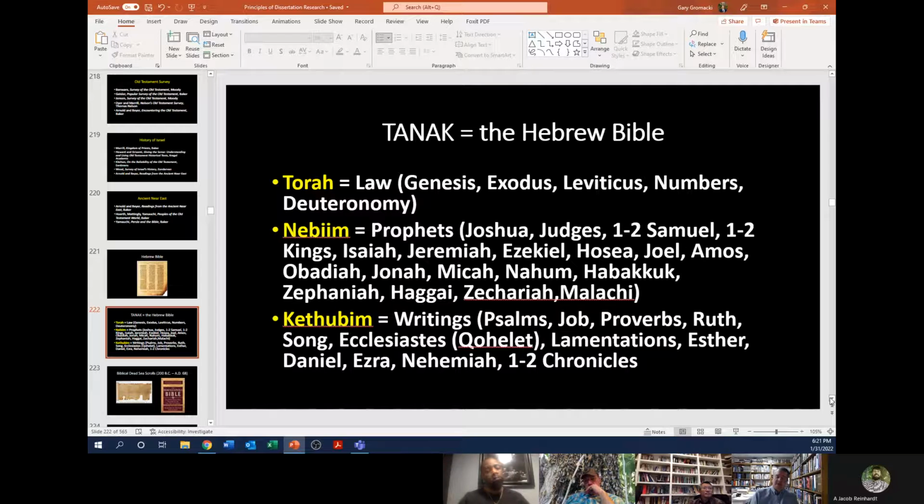So it's interesting, you have a threefold division of the Old Testament here. And the very first book of the Ketuvim, the writings, is the book of Psalms. So Jesus references the law, the prophets, and then Psalms, the first book of the third section.